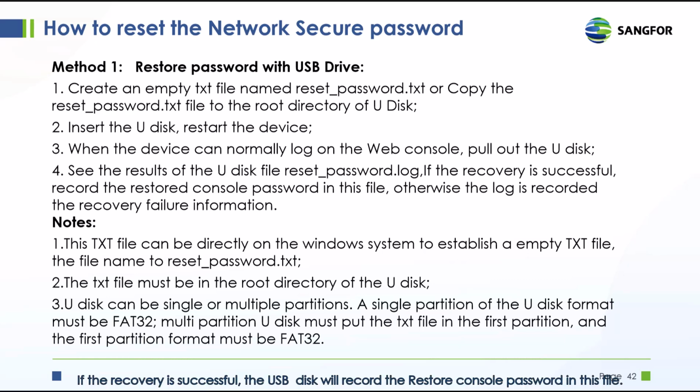If the recovery is successful, the USB disk will record the restored console password in a file. Otherwise, the log will record the recovery failure information. Take note of the file name, and the USB format must be FAT32.